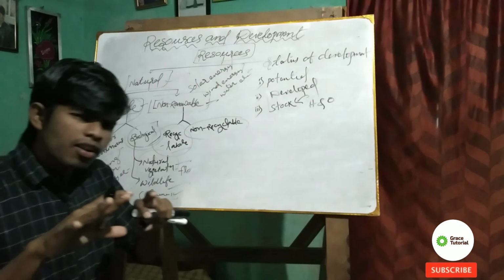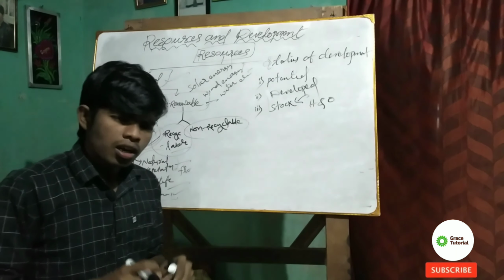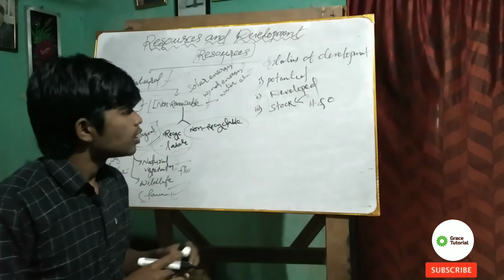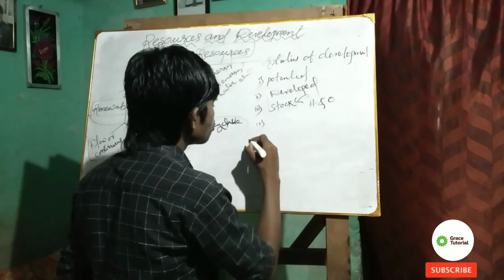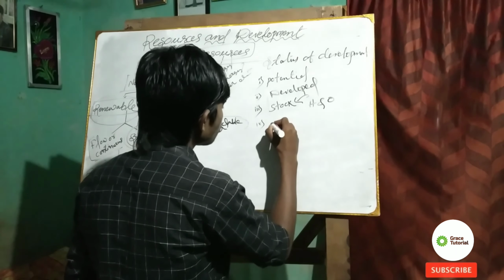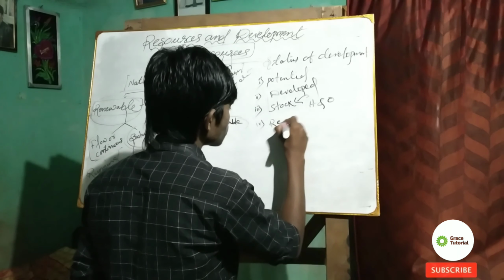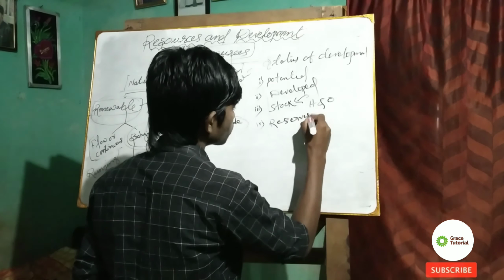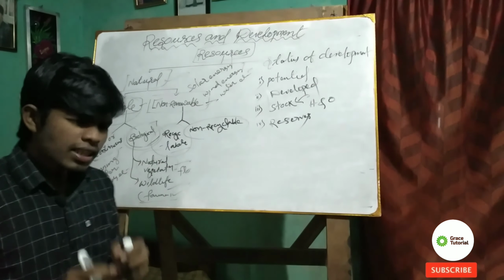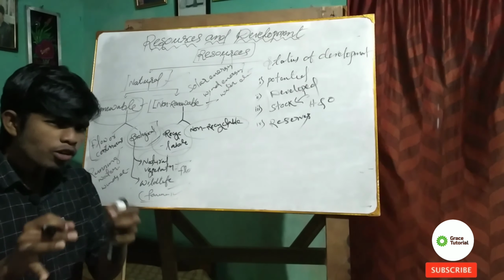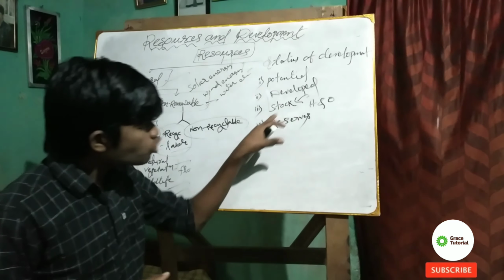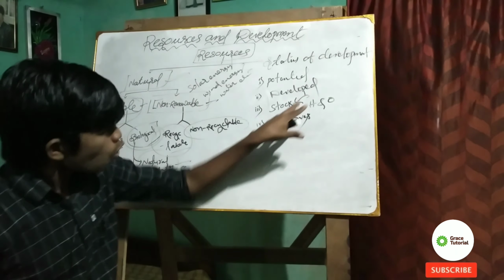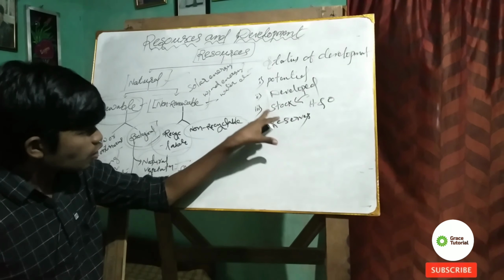And there are some resources in which the technology is available and the practical knowledge can also be used in order to use them, and those resources are called the reserves. But the fact is that the exploration has not started yet. So what's the difference between the stock and the reserves?